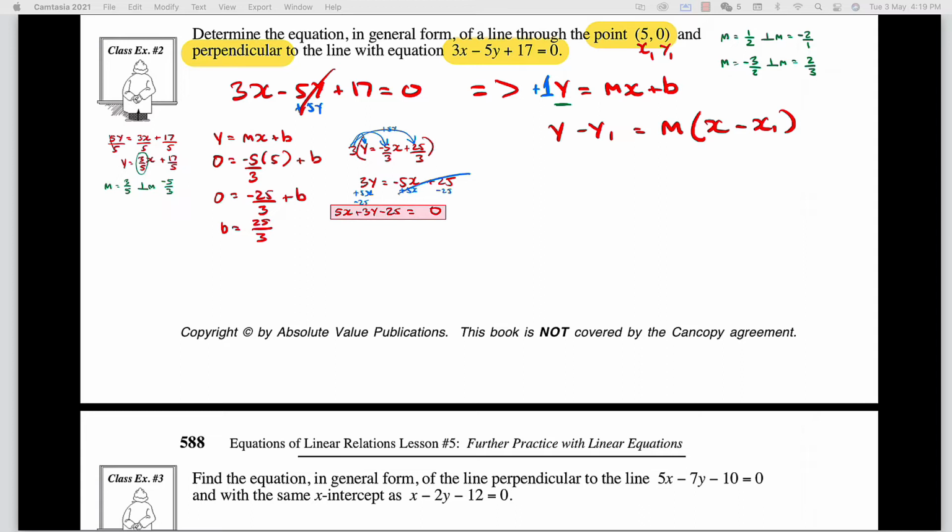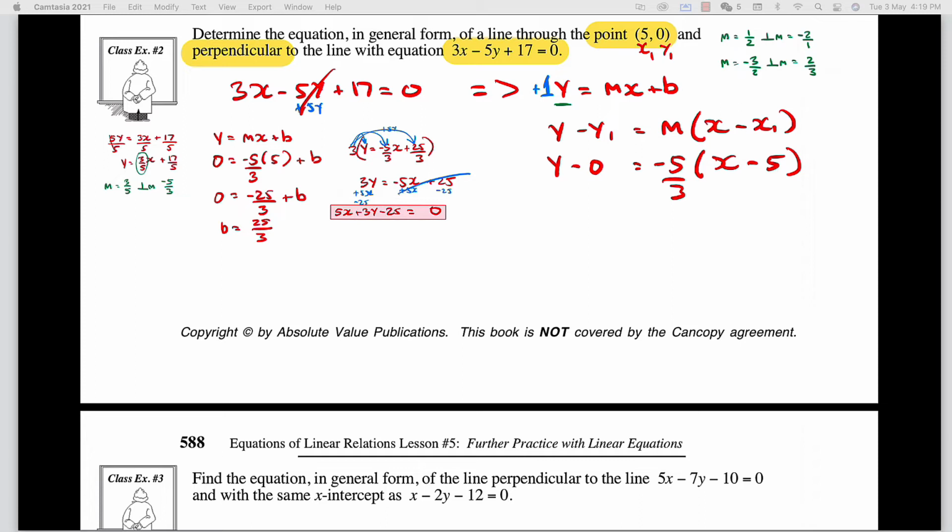Well, let's try. y minus y1, which is 0, equals m, -5/3, times x minus x1, which is going to be 5. Now, the best thing to do here is to essentially multiply everything by 3 right now to get rid of that fraction.